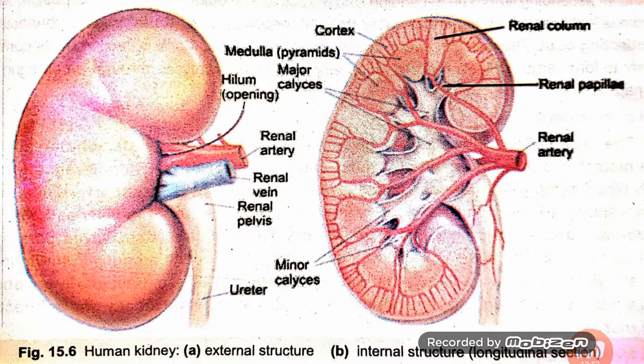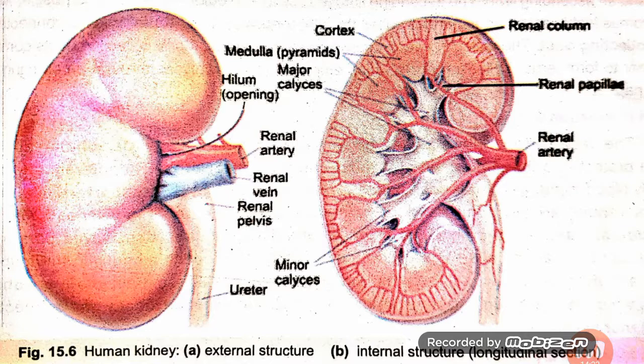Now you can see the cross section of a kidney in detail. The structure of the kidney consists of two regions basically. The outer darker region is called the cortex, and the inner pale region is called the medulla.